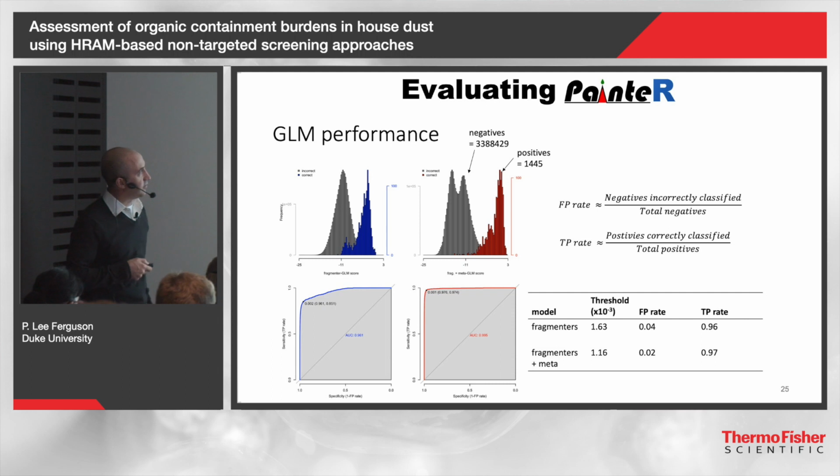There are 3.3 million incorrect answers, right? Because that's the number of formula or structure candidates that we're assessing from PubChem. So a 2% false positive rate is still a fairly large number of false positives out of 3.3 million. Okay? So we're trying to figure out a better way to reduce this. And so we need better training data in order to pull these graphs as far apart as possible.